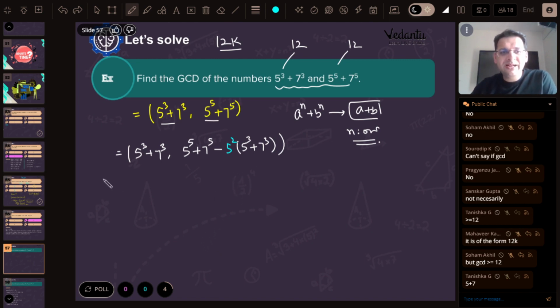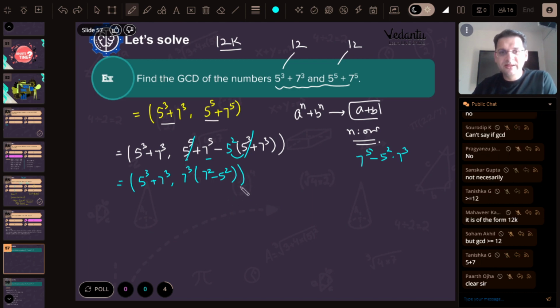So how does it make our life easier? 5 cube plus 7 cube here, 5 to the power 5 plus 7 to the power 5 there. It forms 5 to the power 5, no? So it is 7 to the power 5 minus 5 square 7 cube. So 7 cube common, it is going to be 7 square minus 5 square. Is it clear till here, guys?